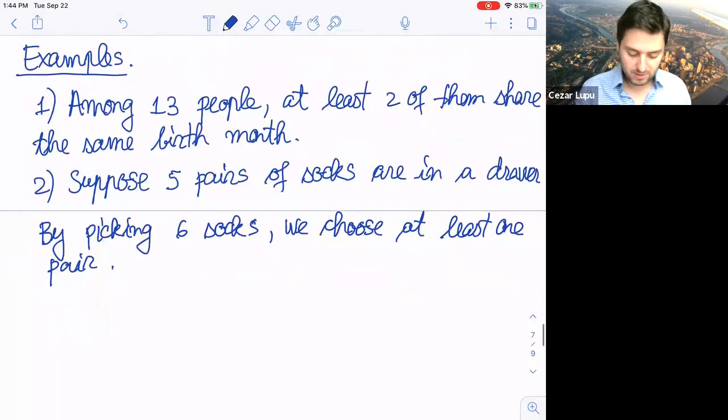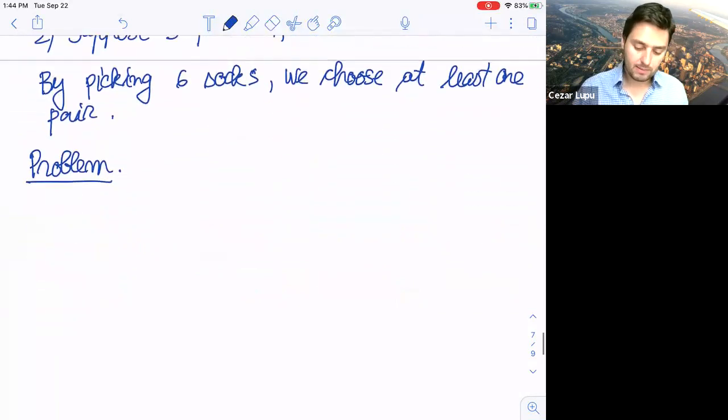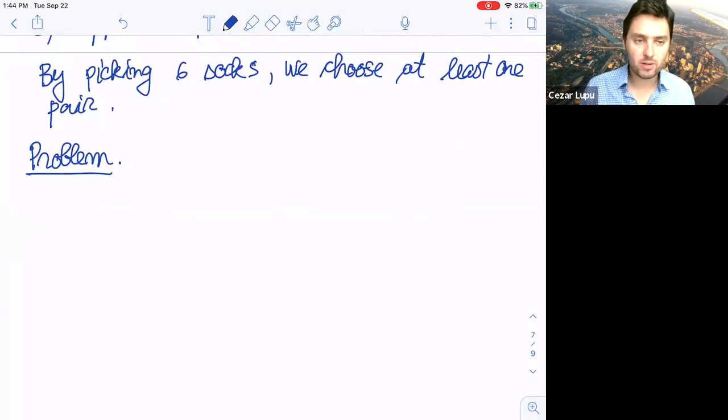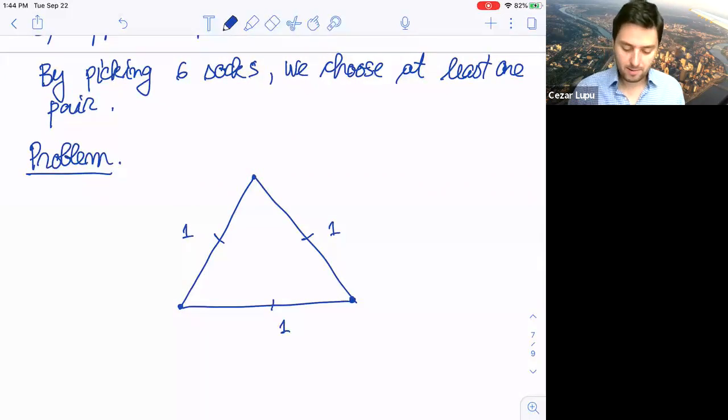Another example, let's call this a problem. Suppose I draw an equilateral triangle, so these sides are equal, of side length 1.